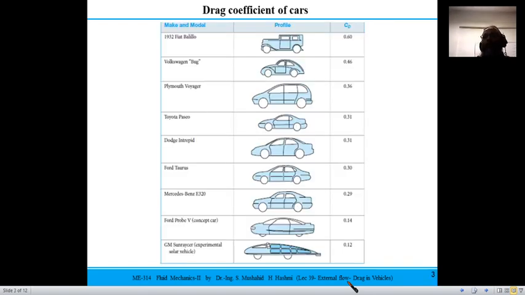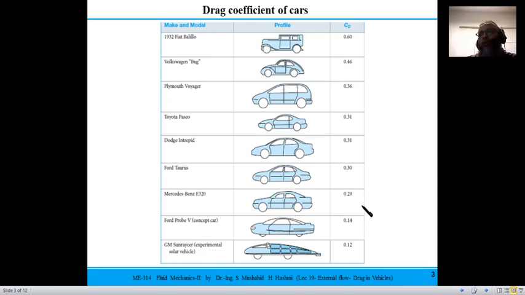So historically, in the 1930s, this vehicle had an average drag coefficient of 0.6, and this Volkswagen had 0.46. Over the years, we see that nowadays in the modern teardrop shapes in Ford and in this Mercedes, it is on the order of 0.3.